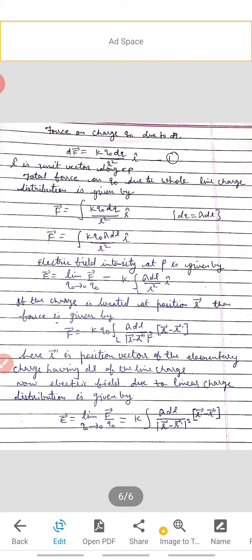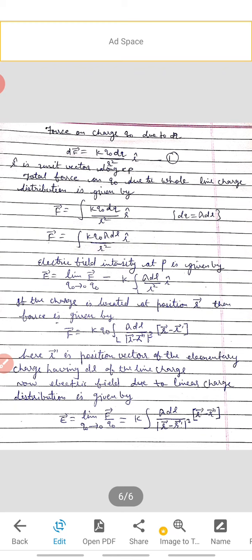Now if the position vector is r, then force is given by F is equal to k q naught integration of lambda dl divided by modulus of (r minus r dash) whole cube into (r minus r dash), and here r dash is the position vector of the elementary charge having length dl of the line charge.